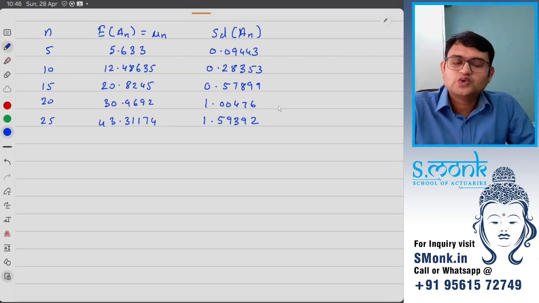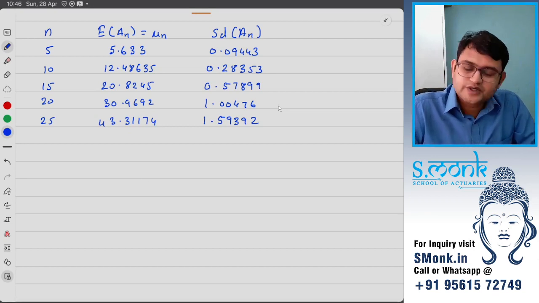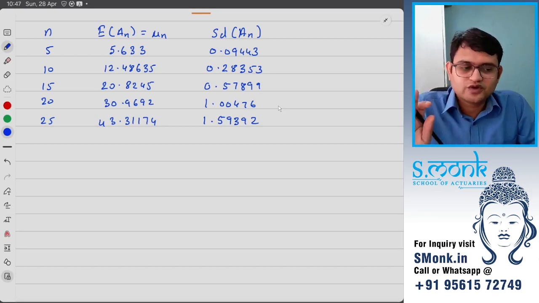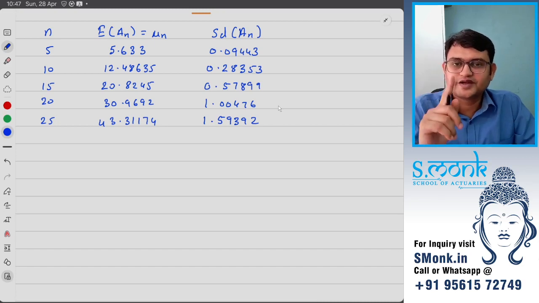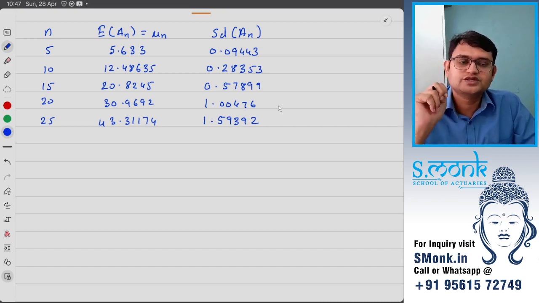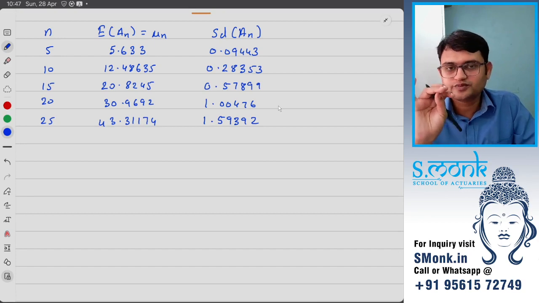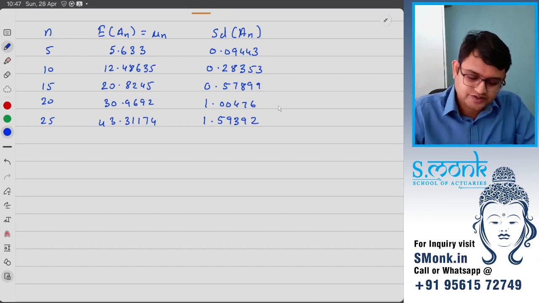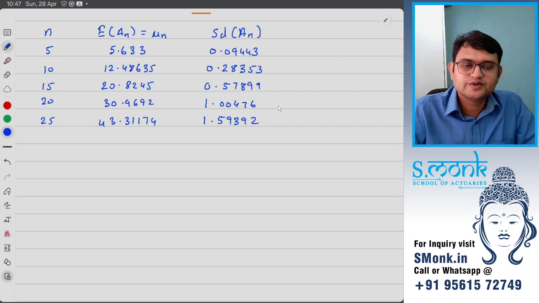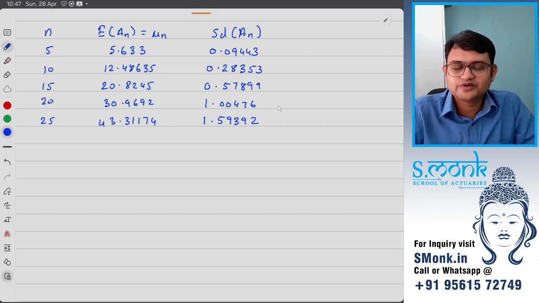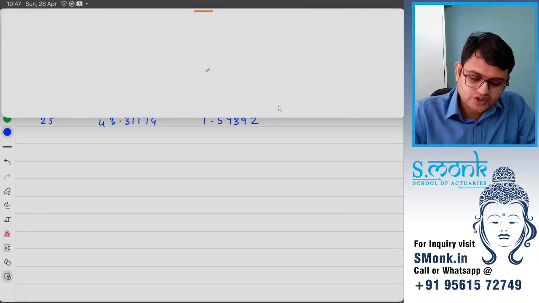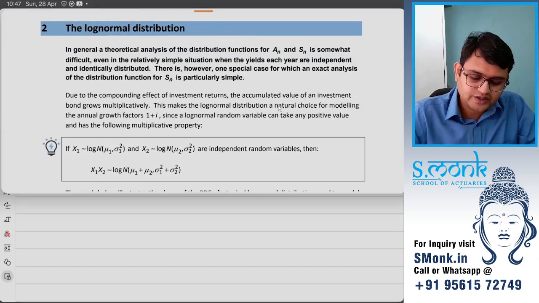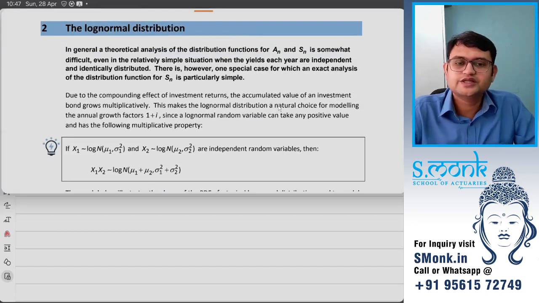We don't need the PDF of log normal distribution, but we'll need the expected value, variance and the relationship with normal. How do we find probabilities? Finding probabilities will be important, relationship with normal will be important, expected value and variance of log normal distribution. Okay, because those things will be important here to study the next part.